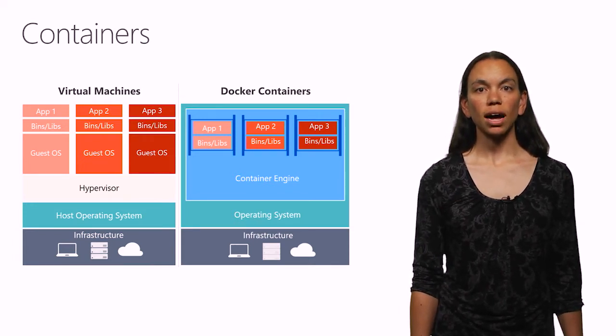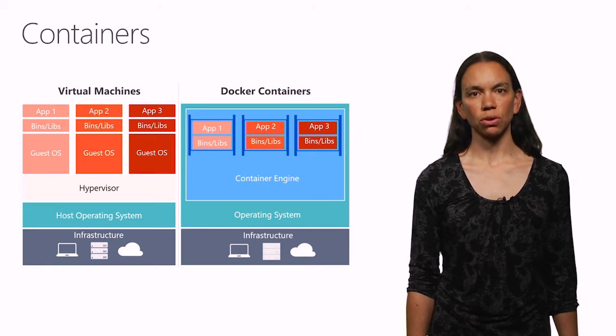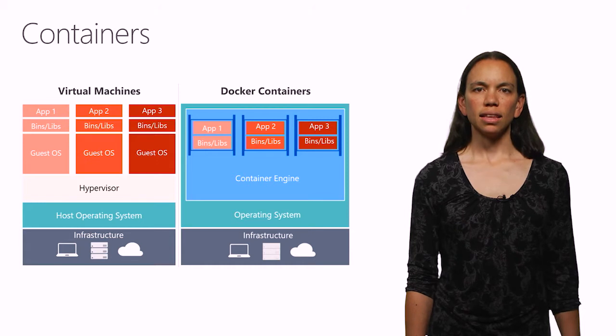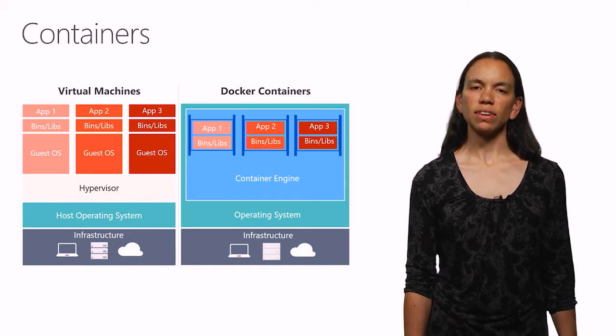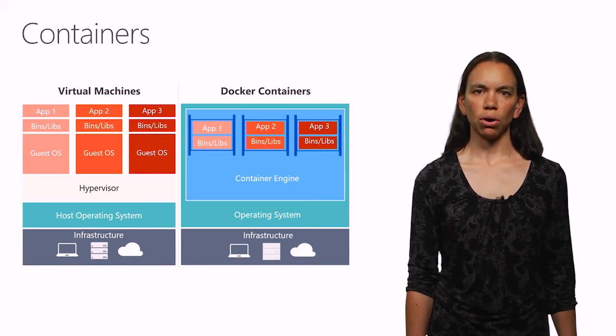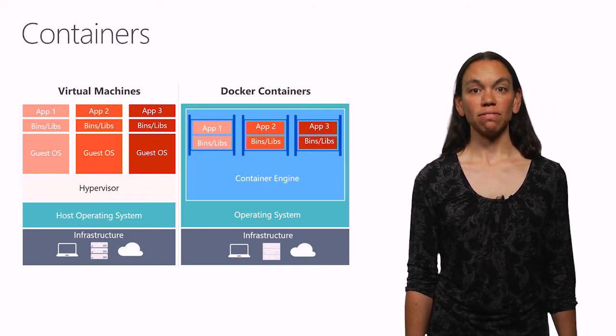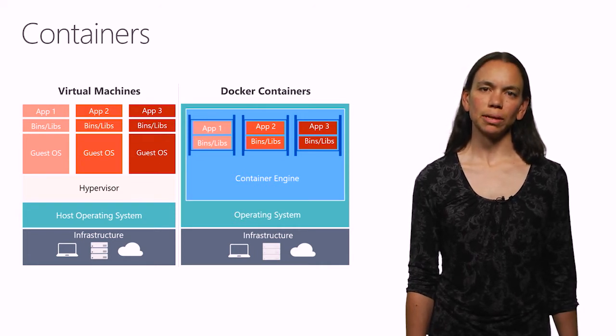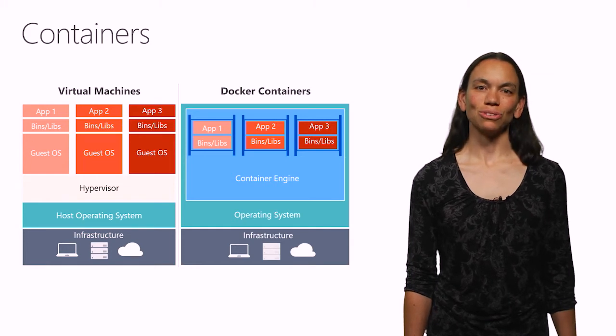In contrast, a container can share the OS kernel with other containers inside the container engine. This allows you to achieve greater density of containers on the same host. There are many other benefits of containers, including faster deployments, easier patching, and improved scalability. If you haven't played around with containers yet, I encourage you to check them out.